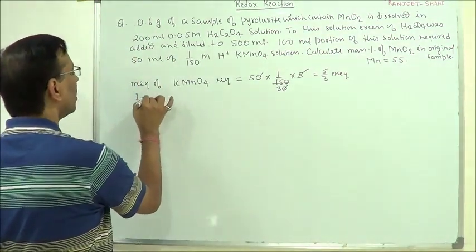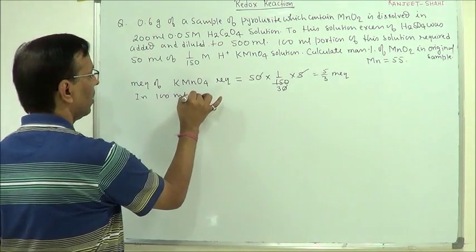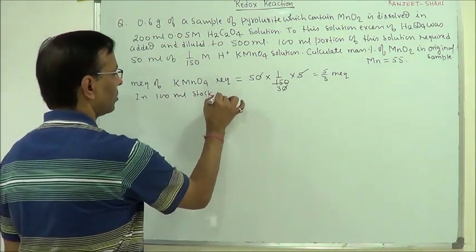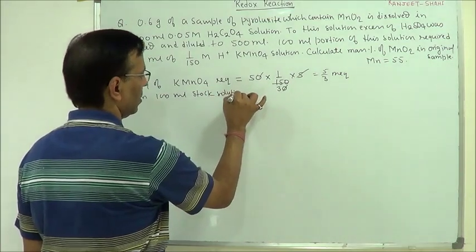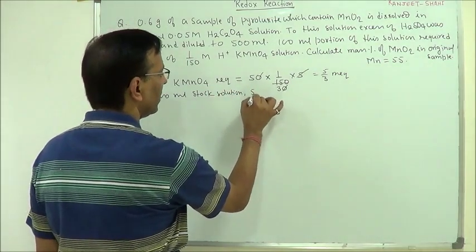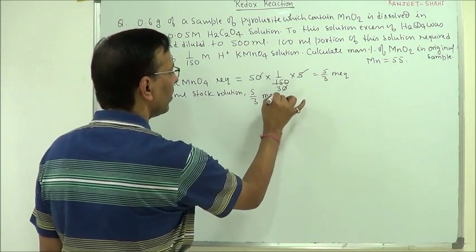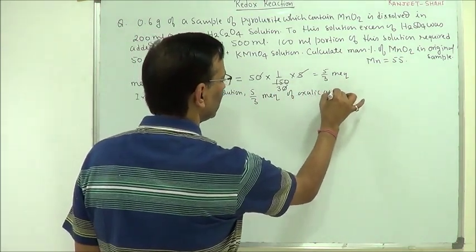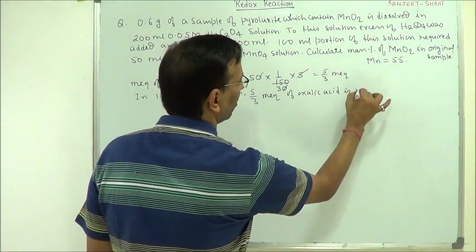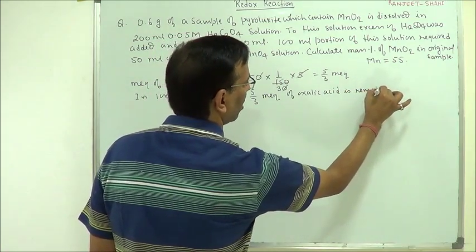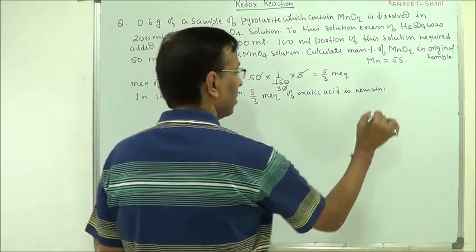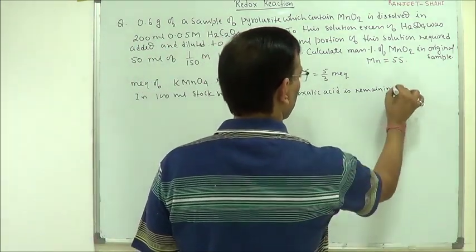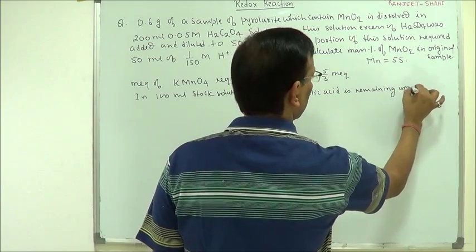So in 100 ml stock solution, 5 by 3 milliequivalent of oxalic acid is remaining unreacted.